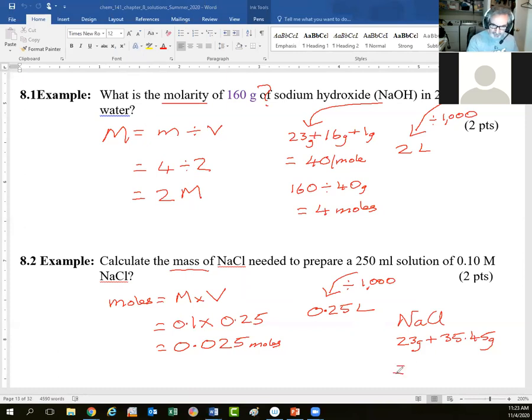And so that gives us a grand total for the mass of 58.45 grams per mole. And so for the mass of 0.025 moles, we just take the 0.025 and multiply it by the 58.45.